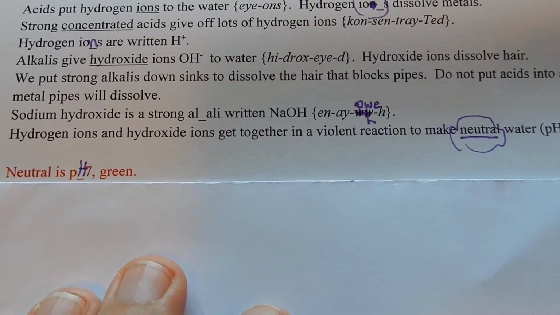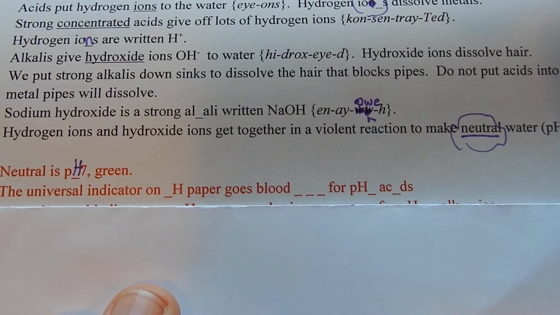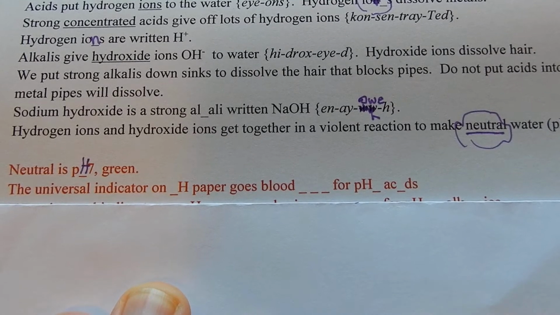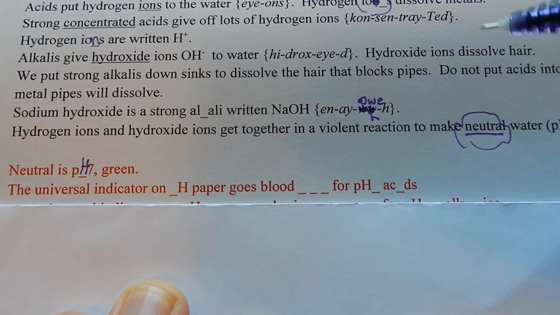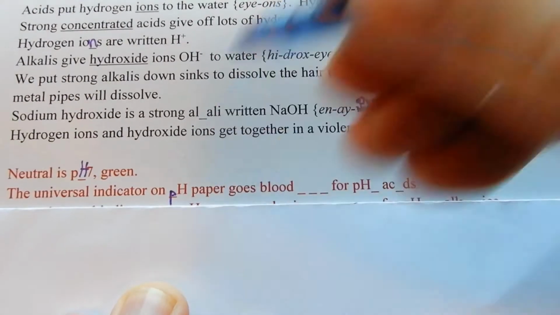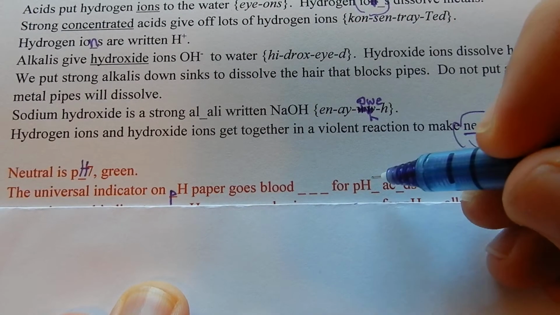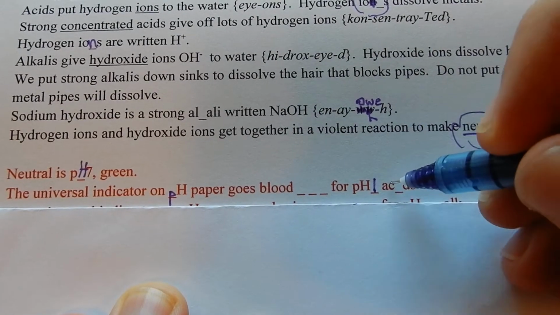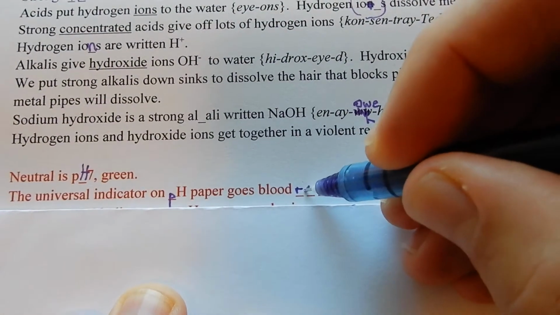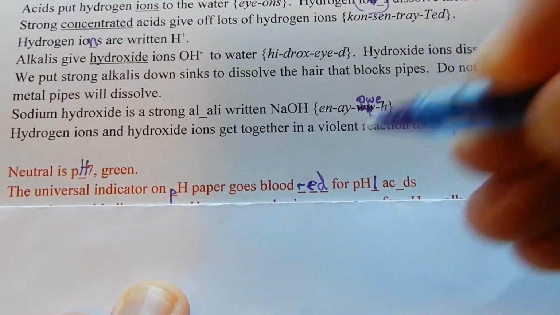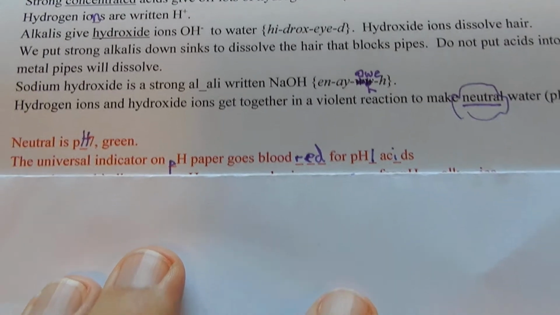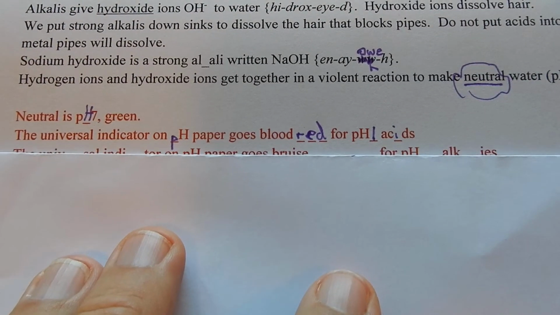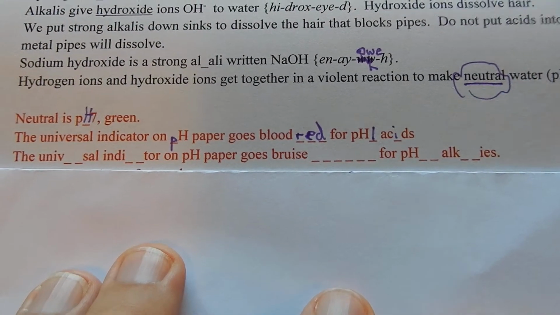pH paper and universal indicator go green for pH 7. The universal indicator on pH paper goes blood red for pH 1 acids. The indicators go red, well, apart from red cabbage, which goes colourless.